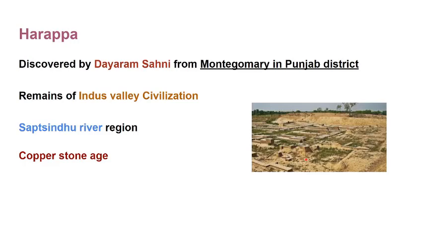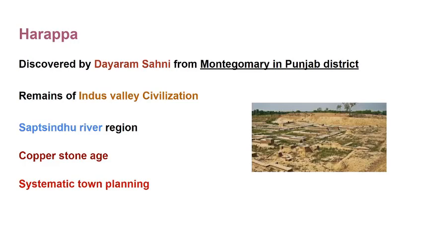Town planning of Harappa civilization was very systematic. Its granaries and forts were remarkable. People of that age were fond of wearing ornaments, and such remains have been found.